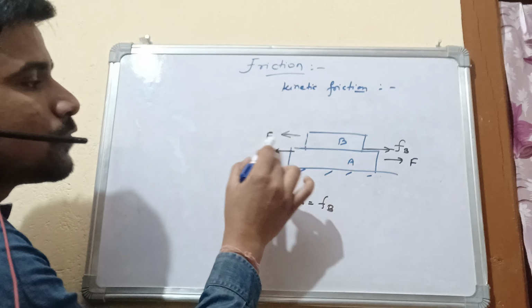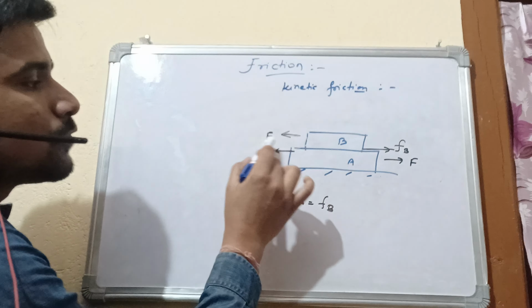I said that the friction is not dependent on the cross-sectional area at all, right? So the friction which is occurring on this block will be the same in both the alignments, right? So friction is independent of the area. It is always dependent on the property of the surface. It is independent of the area. It is independent of the velocity of the surfaces with respect to each other.